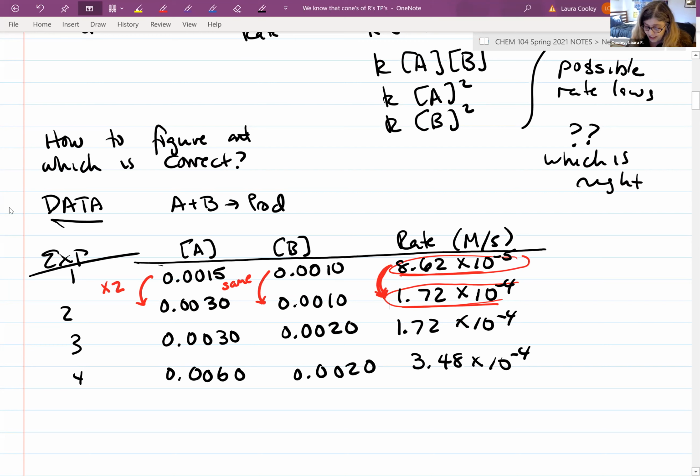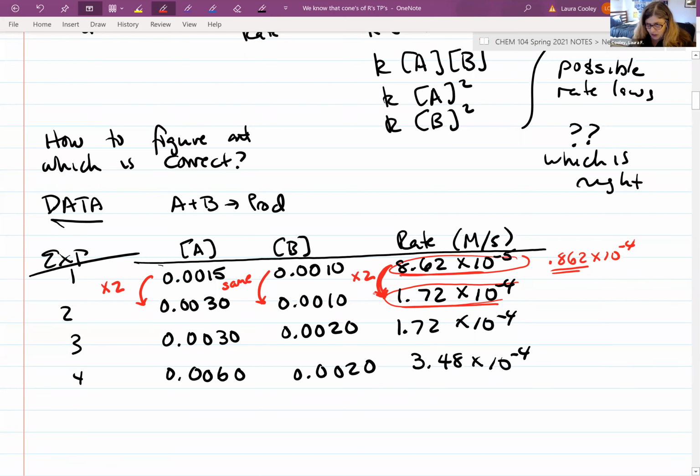Delon, that's not what it is. I don't know when you put that down there, but yes, it's changing by a factor of 2. Notice this. If I wrote this times 10 to the negative 4th, it would be 0.862 times 10 to the negative 4th, because 10 to the negative 4th is bigger. And then maybe you could see that this times 2 is 1.72 times 10 to the minus 4th.